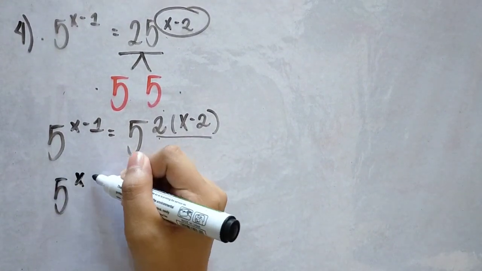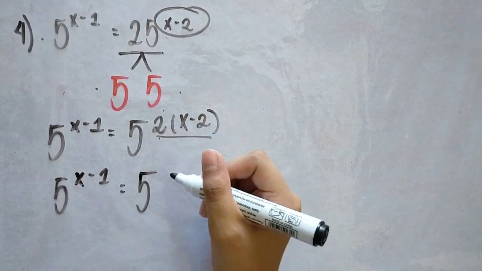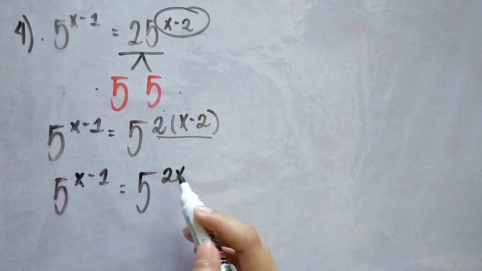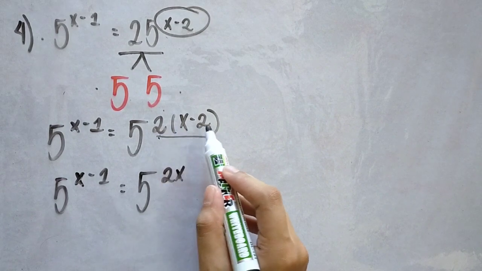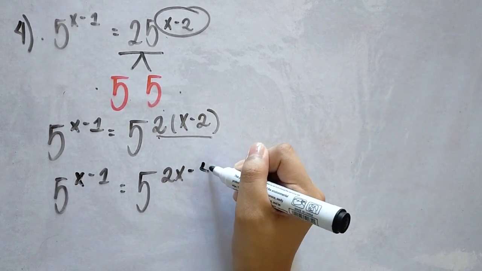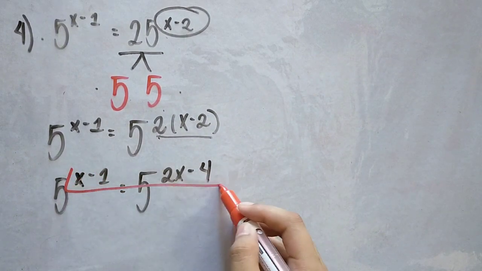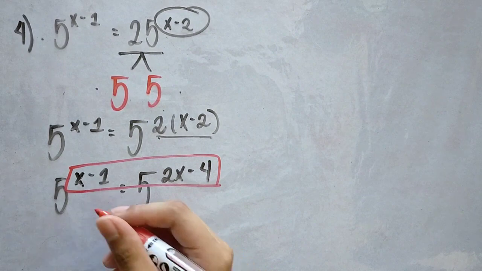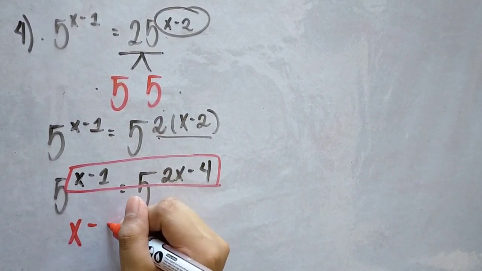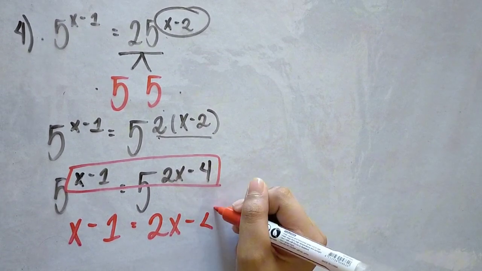So, copy ulit natin to. 5. 2 times x is equals to 2x and 2 distributed by negative 2 is equals to negative 4. Ngayon, may isosolve pa ba tayo sa kanila? Since wala na, pwede na natin to pakialaman. So, let's bring them down. X minus 1 is equals to 2x minus 4.